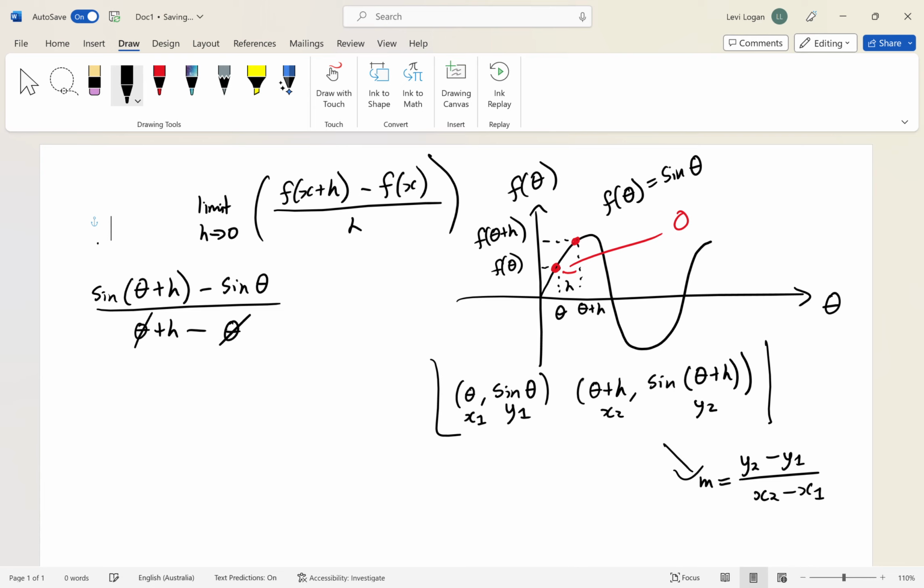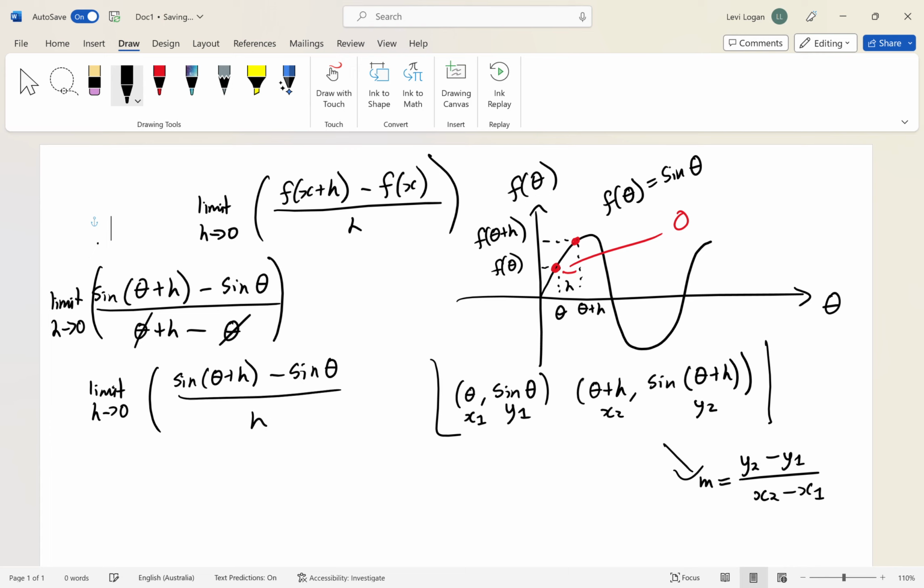And we have a limit here, limit as h approaches 0. So this is our first principles plugged in: sine of theta plus h minus sine of theta all over h.